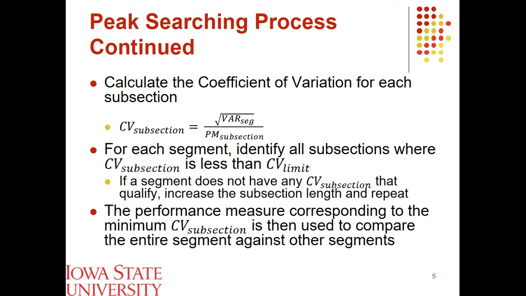Essentially what this is going to do is take the most hazardous subsection, with the highest crash rate or frequency or whatever our chosen performance measure is, and assign that performance measure to the entire segment. And then we're going to do that for all of our segments, and then we can rank our segments separately.